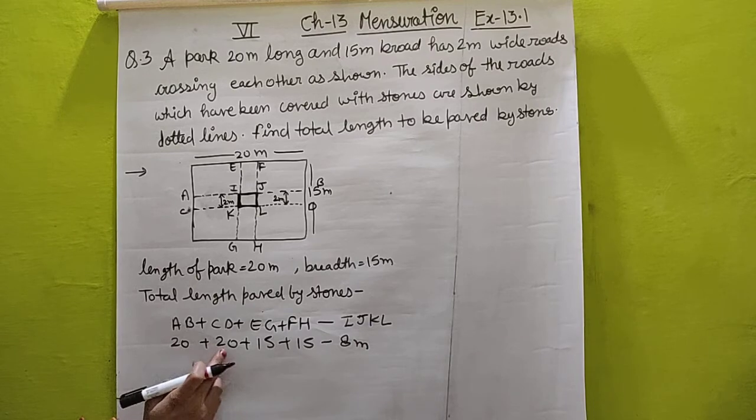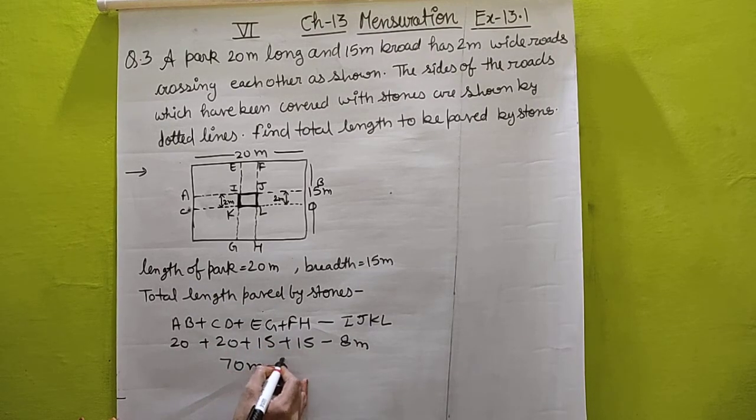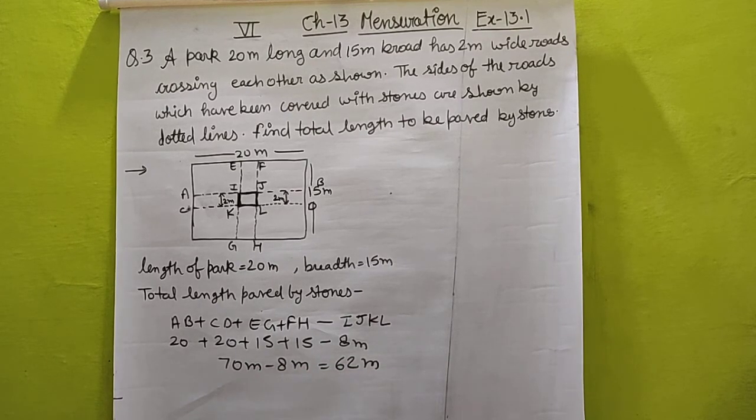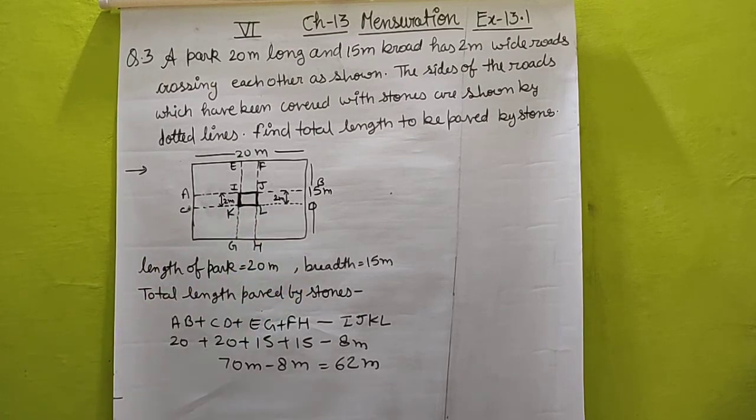So 20 plus 20 plus 15 plus 15 is 70 meter, minus 8 meter, and your answer will be 62 meter. So 62 meter is the length of the road denoted by the dotted lines, the road paved by the stones. Okay students, now question number 4.